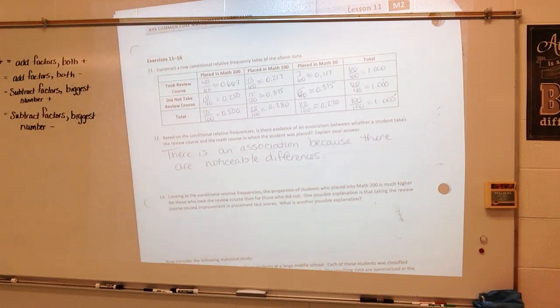Looking at the conditional relative frequencies, the proportion of students who placed into Math 200 is much higher for those who took the review course than those who did not. One possible explanation is that taking the review course caused improvement in placement test scores. What is another possible explanation? Well, it could be simply the fact that those who took the review course are interested in math.